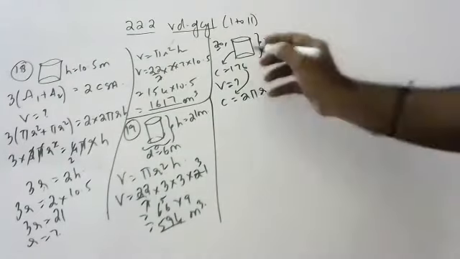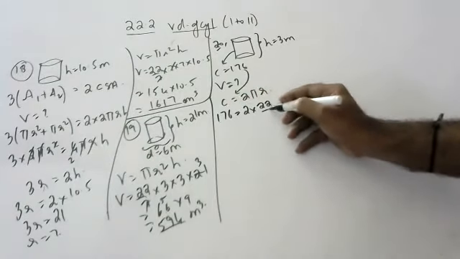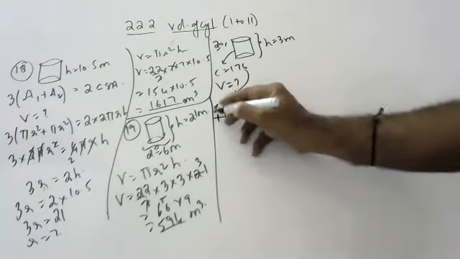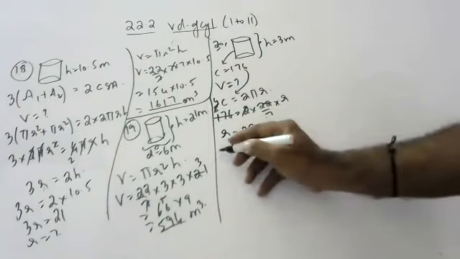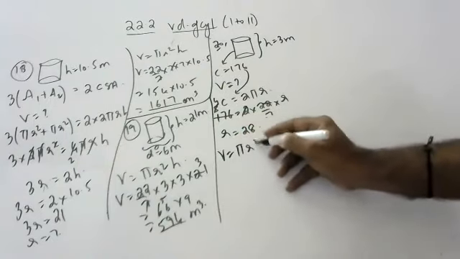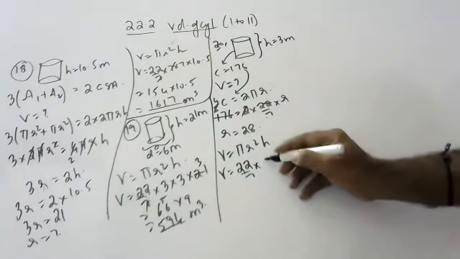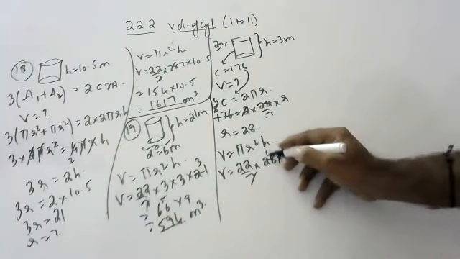So 176 is equal to 2 into 22 by 7 into r. Cancel, 7 4s are 28. R is equal to 28 centimeters. Volume is equal to pi r square h.